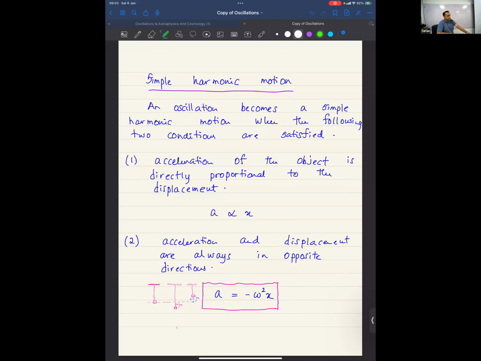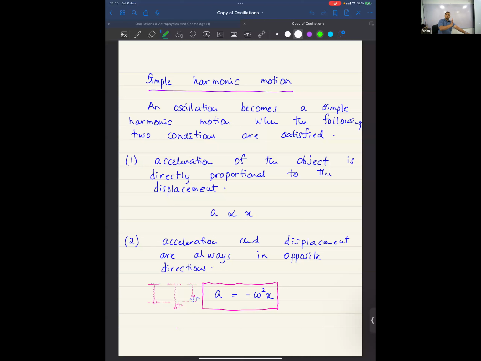And the second condition, the acceleration and displacement are in opposite directions. Then that oscillation becomes a simple harmonic motion. You remember? Yes, acceleration and displacement are in two opposite directions.